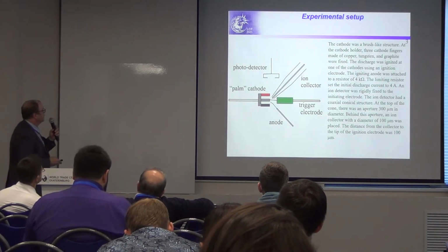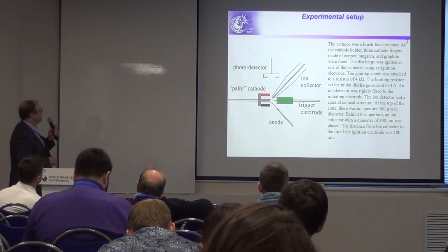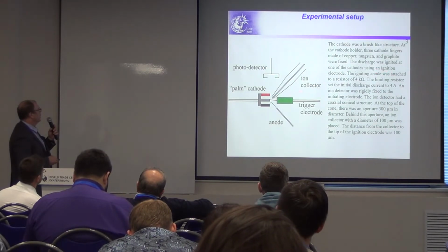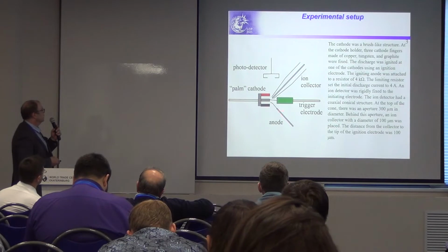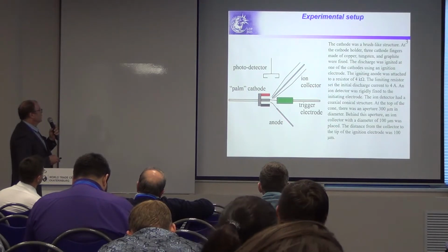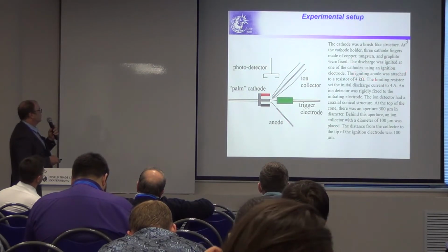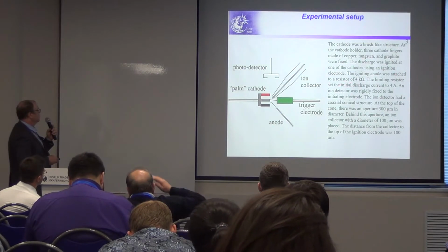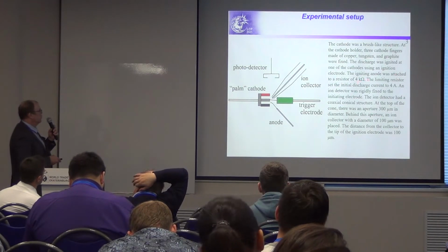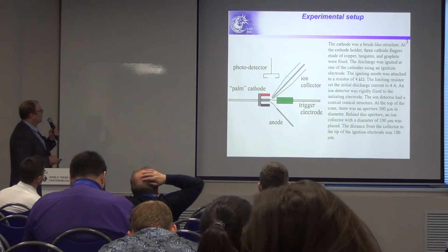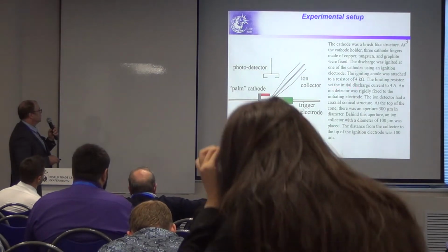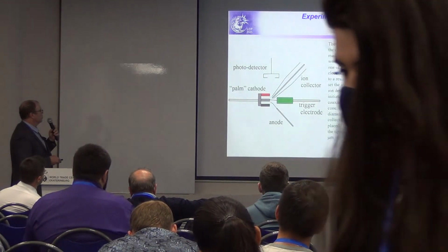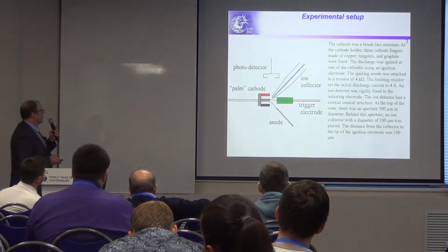The discharge was ignited at one of the cathodes using an ignition electrode. This is the ignition electrode. The igniting anode was attached via a resistor of 4 kilo ohms. The limiting resistor sets the initial discharge current to 4 amperes.